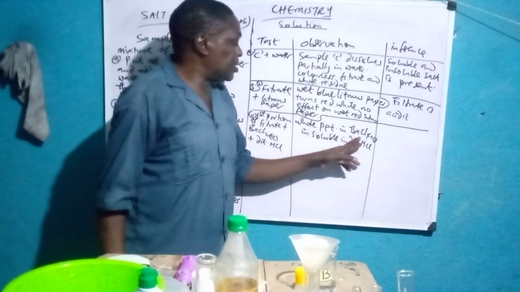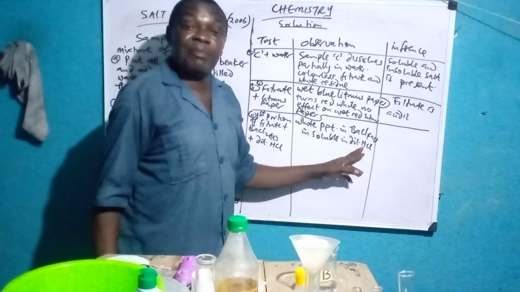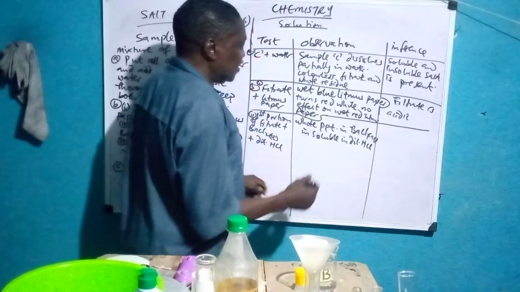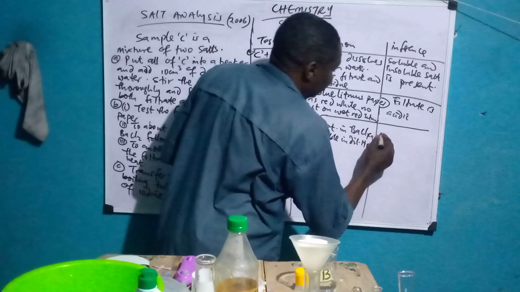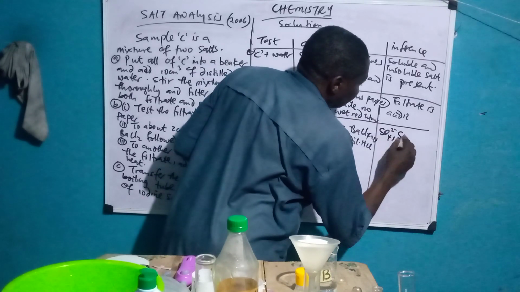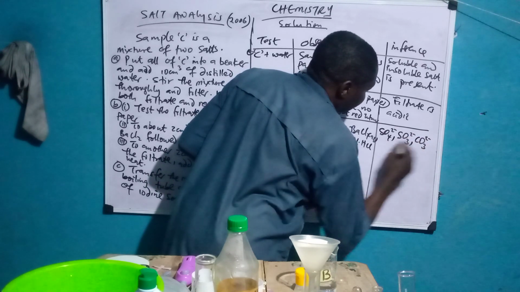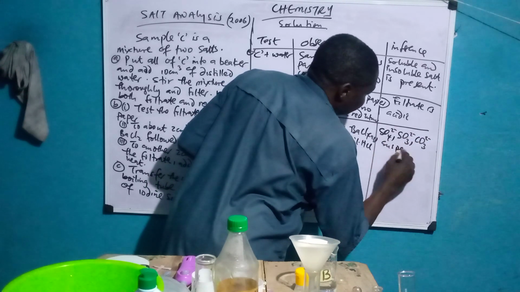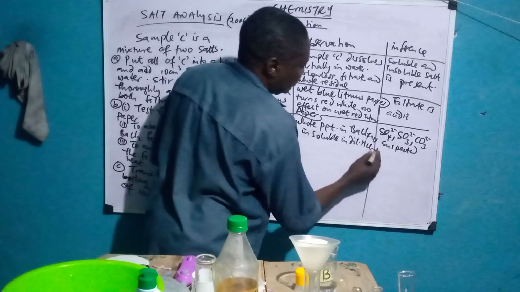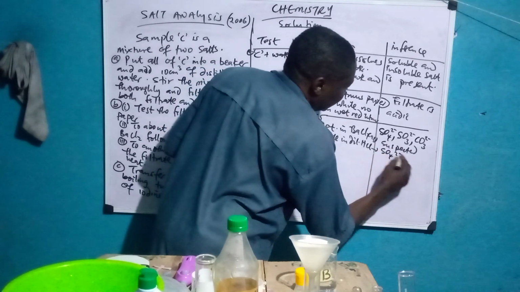White precipitate is 1 mark, insoluble in HCl another 1 mark. Otherwise, there are 3 other marks you must not play with here. White precipitate in barium chloride: SO4 2 minus, SO3 2 minus, CO3 2 minus suspected. Then, because it did not dissolve, SO4 2 minus present.